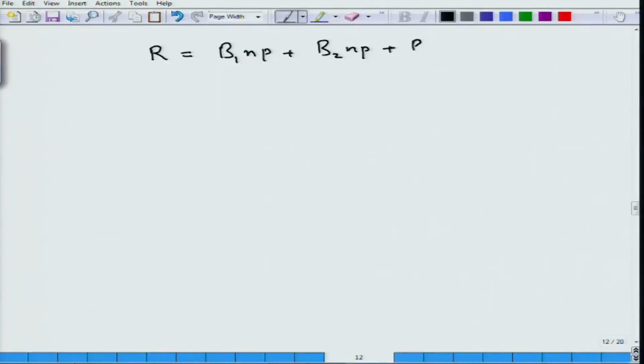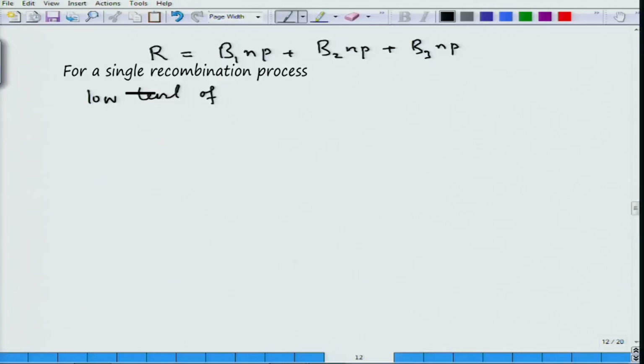And then for two special cases, we have shown that for low level of excitation the recombination rate is nothing but delta n over tau, where tau is given by 1 over (B n naught plus B p naught).